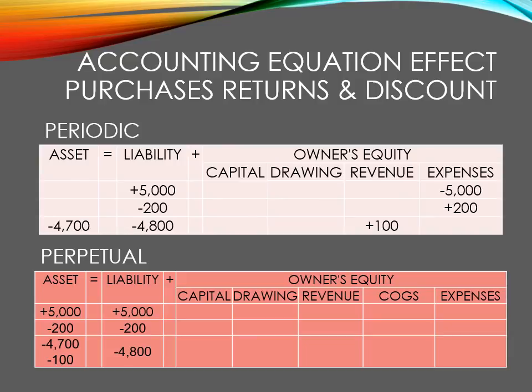You will deduct the liability by 200 ringgit and you deduct at the asset column, because that 200 ringgit is deducted from the inventory account. And for the discount received, you will also put it under the asset, because that 100 ringgit is the effect of the inventory amount being reduced by 100 ringgit.